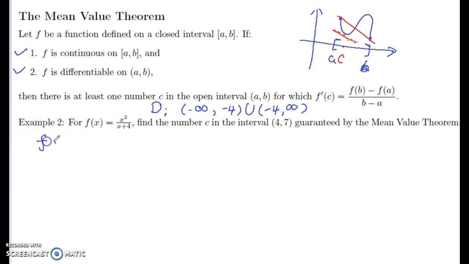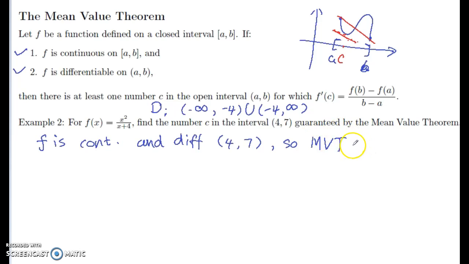So f is continuous and differentiable on 4, 7 because it's in the domain. MVT stands for mean value theorem. It guarantees us there's a c such that this equation will hold, and we're looking for that c.